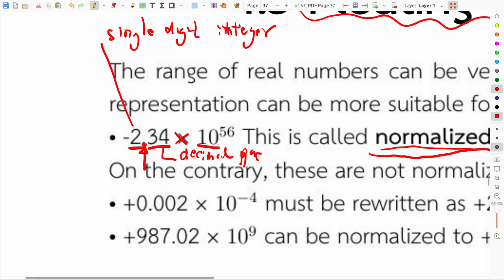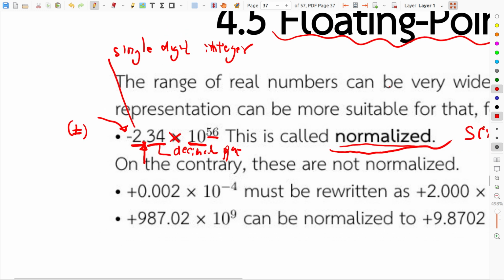In this example the base is 10, with some exponent. And the sign bit is also there. It can be either plus or minus. So in this form we call it normalized.